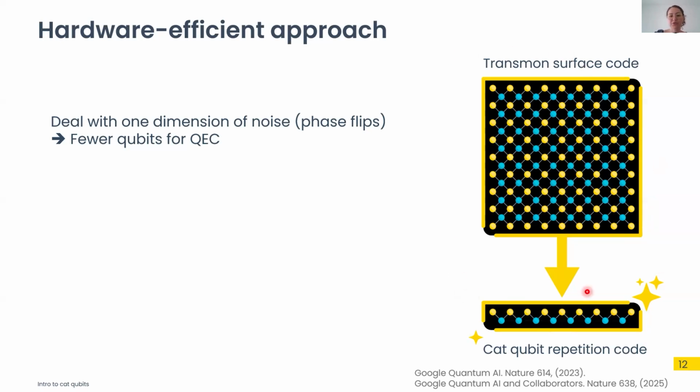But now, because we only care about the phase flips that are left to be corrected, instead of doing this big surface code with a lot of qubits, what we care about now is only one type of error. So we could concatenate this cat qubit with a repetition code and correct for both errors at the same time.